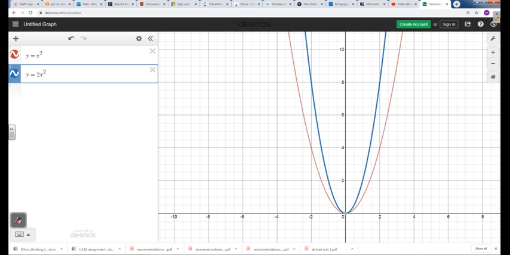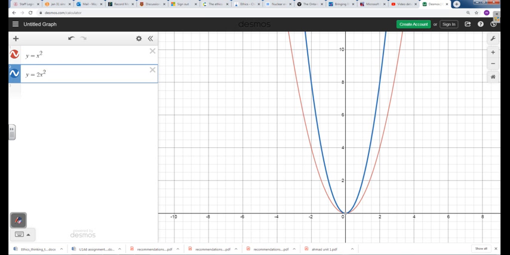Does it still have the same vertex? Yeah, it's still at 0, 0. How about the axis of symmetry? Still the same. Minimum value or maximum value? Still the same. Is it still the same direction of opening, still opening up? Exactly the same. The only thing is that it's narrow.